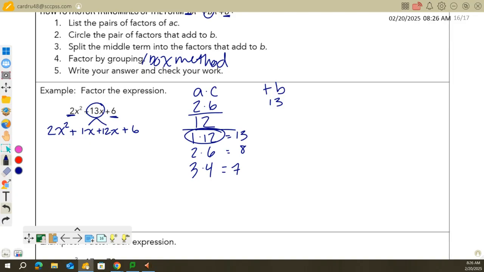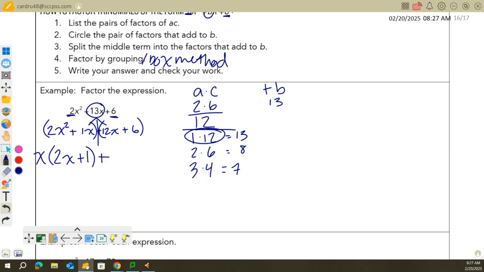And now we know how to do this. You can split that equation in half and factor by grouping. When I factor by grouping, I'm looking at this: what is the GCF of 2x squared plus 1x? I can take out an x. 2x squared divided by x leaves me with 2x, and x divided by x leaves me with 1.